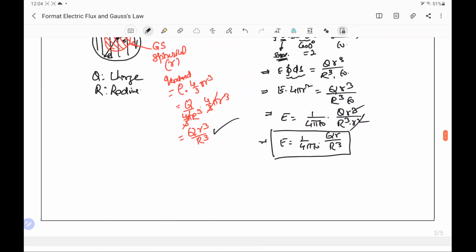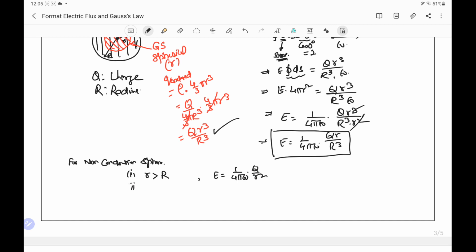non-conducting sphere. Hence, we summarize our result that for a non-conducting sphere, if r is greater than capital R, then the field will be like the point charge focused at the center, this is Q by r square.